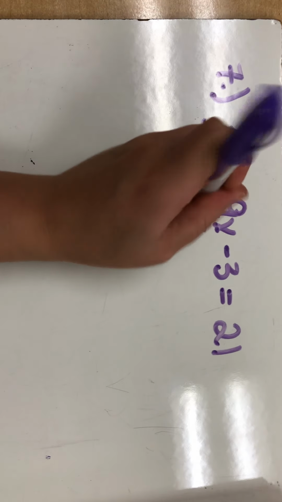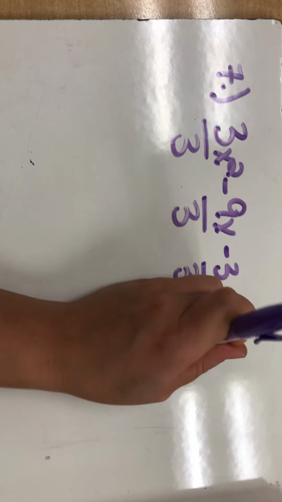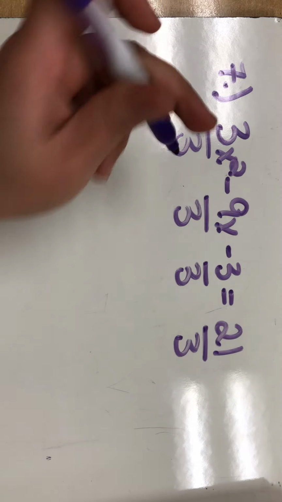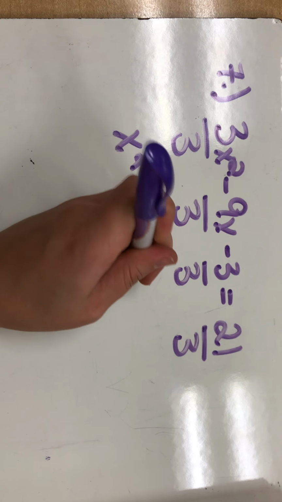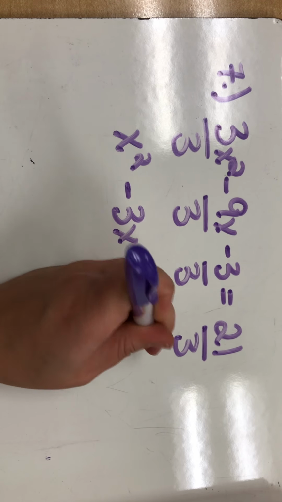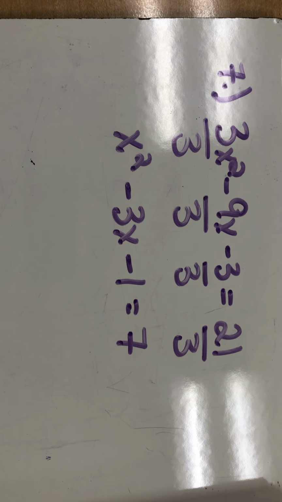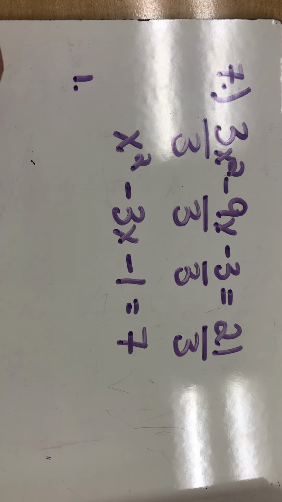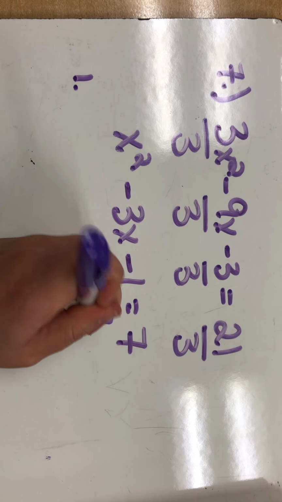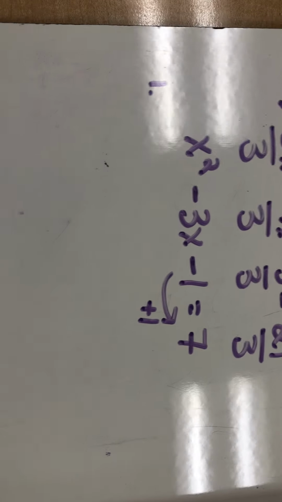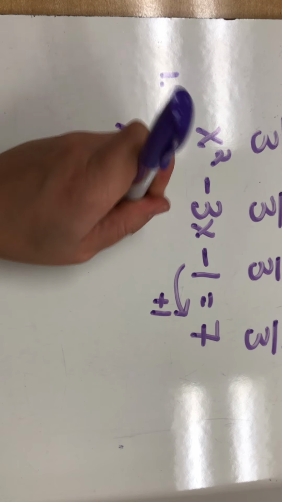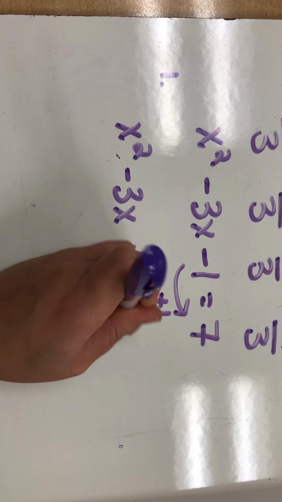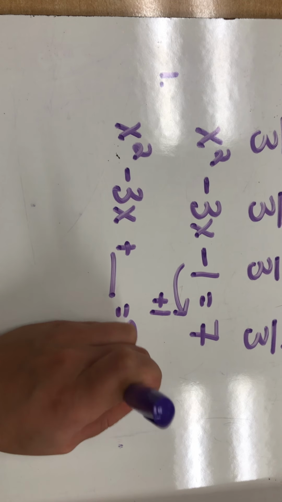I say get rid of it no matter what, just makes your life easier, okay? So, divide everything by 3, you get x squared minus 3x minus 1 equals 7. Then step 1 says move that guy over, you're gonna add this time, right? So x squared minus 3x, put your blanks in, equals 8 plus blank.